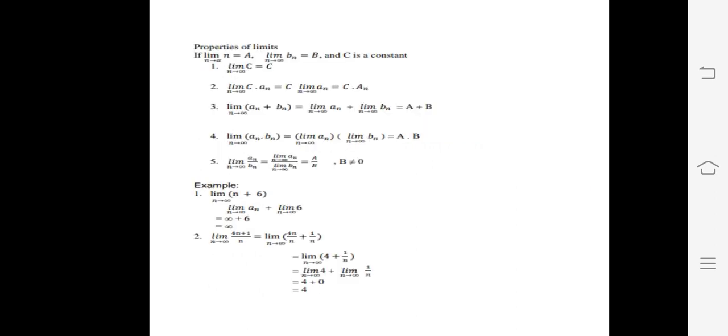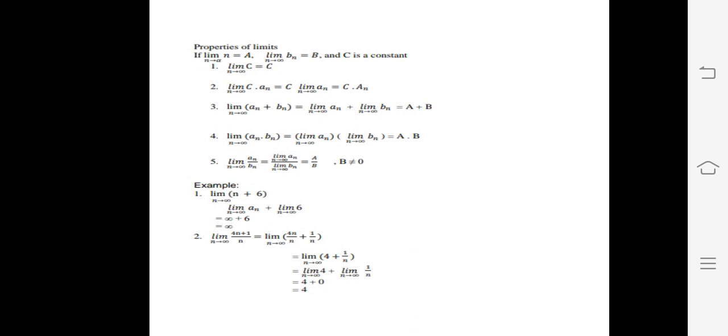Properties of limits. If the limit of a sub n is equal to a as n approaches infinity, the limit of b sub n is equal to b as n approaches infinity, and c is a constant.